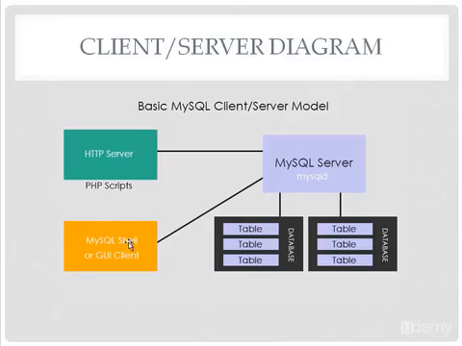So basically whatever we use to run queries or to interact with the server. And then up here we have our HTTP server, which has our PHP scripts, not exclusively PHP, but different scripts such as Joomla, WordPress, and that directly connects to our MySQL server. Alright, so that's a very simple diagram.